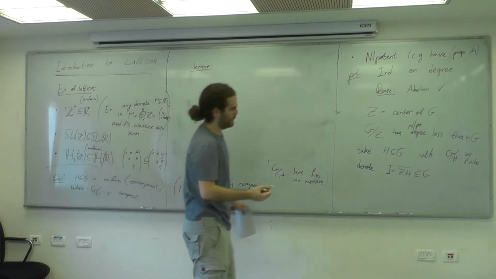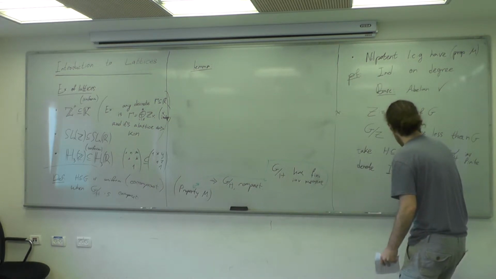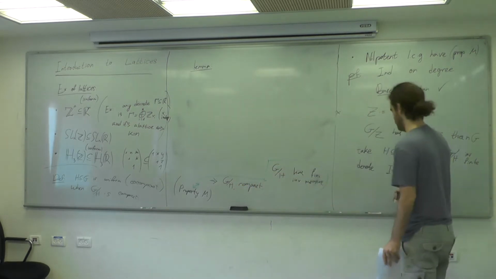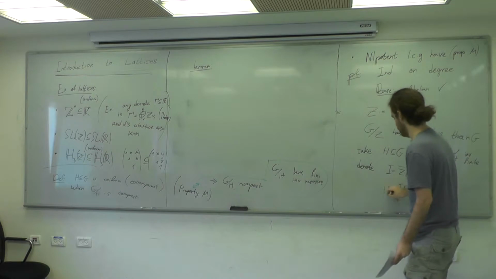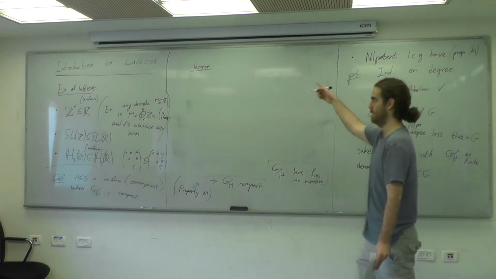And basically what I want to do is, it's sufficient to show that, what do we want to do? We want to show that G mod H is compact. So H is co-compact. It's sufficient to show that G mod I is compact and I mod H is compact. Why is it true? Because of the following lemma.